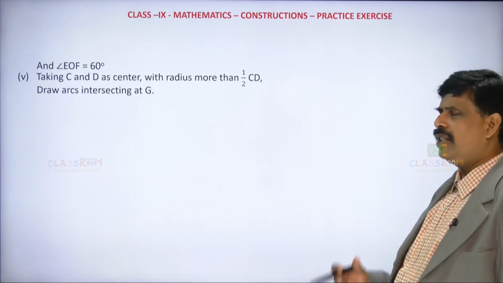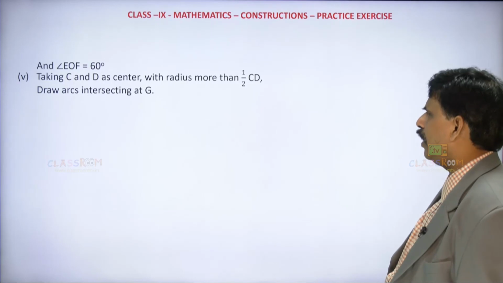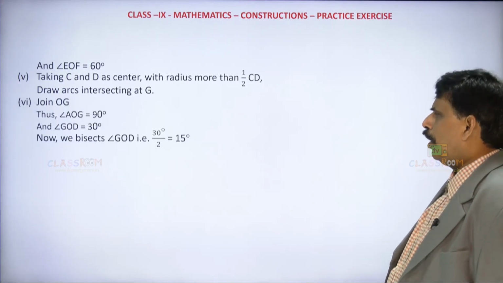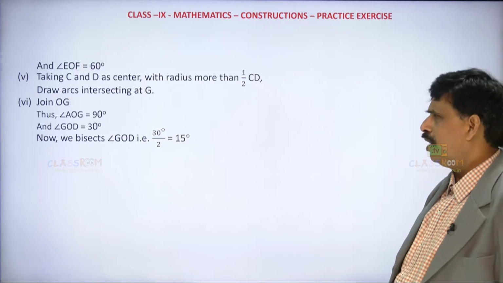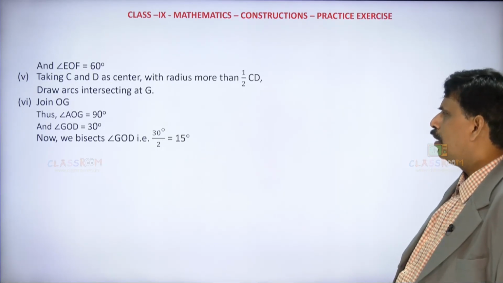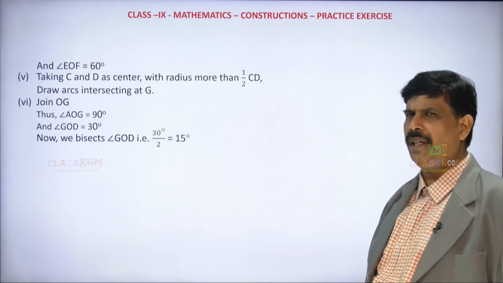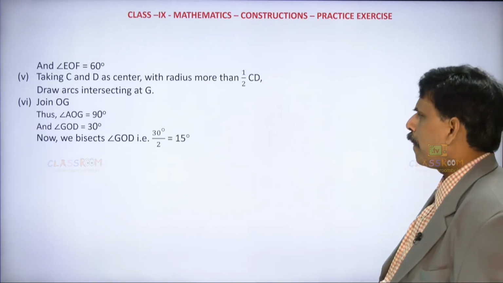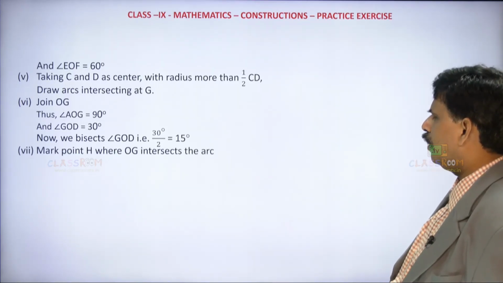Taking C and D as centers and radius greater than half CD, draw the arcs intersecting at G. Join OG, so angle AOG is 90 and angle GOD is 30. Because of that, angle AOD is 120. Clear? Now bisect angle GOD, that is 30 upon 2, 15.